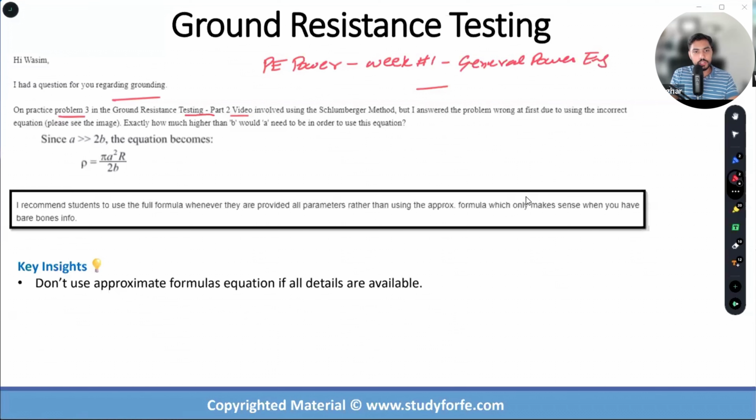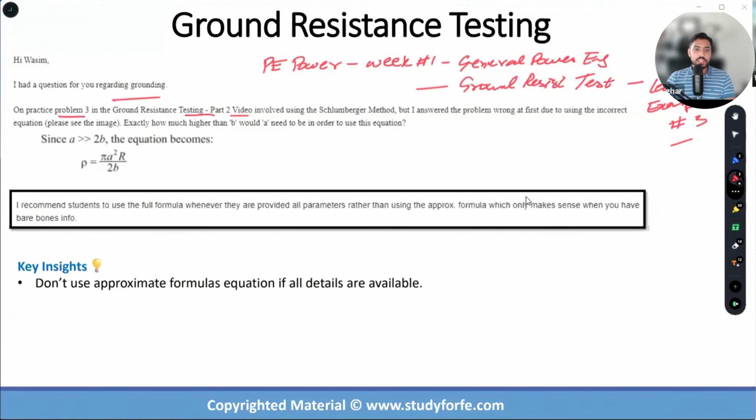And then you mention ground resistance testing, and then lecture example number 3. If you can stick with this format, I explained this in the kickoff meeting as well. In every weekly office hours, you're going to see this format explained. So please, if you can stick with that, that would be great.